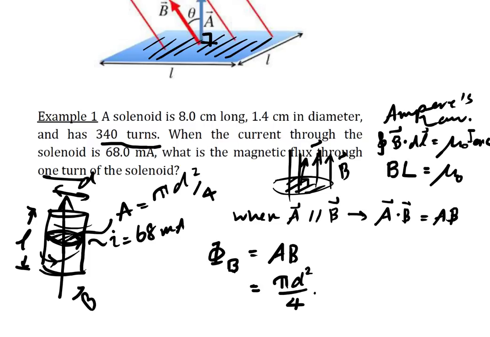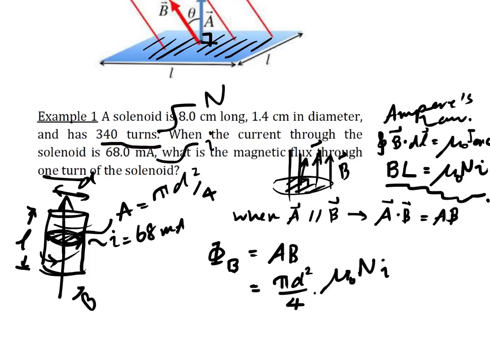On the right-hand side, the total current enclosed by the Ampere's loop is N, the number of turns, times the current in the solenoid. So our magnetic field B would be mu 0 N i over L. Here is the expression of the magnetic flux.